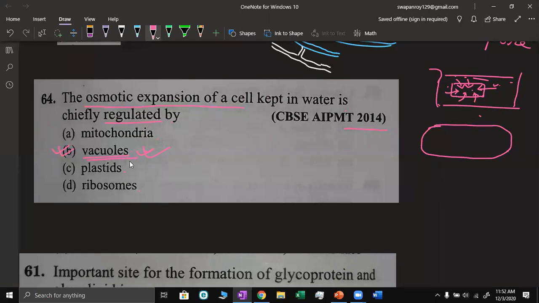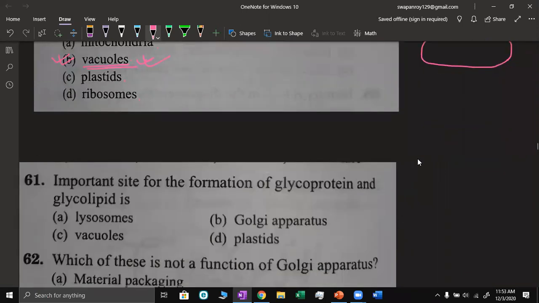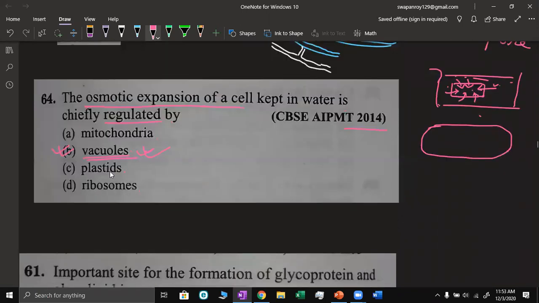In the plant cell, as osmotic expansion takes place, this helps initially in cell growth, that is the increase in volume. During the earliest stage of growth, these things help a lot in expansion of the cell size.